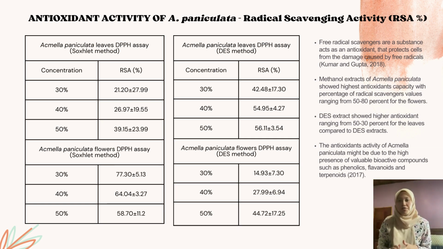The reduction of the DPPH assay can be seen when the purple color converts to the non-radical form, which is yellow. As you can see in the result table, we all know that when the absorbance is lower, it shows a higher radical scavenging activity.